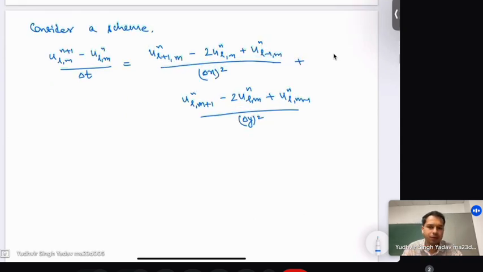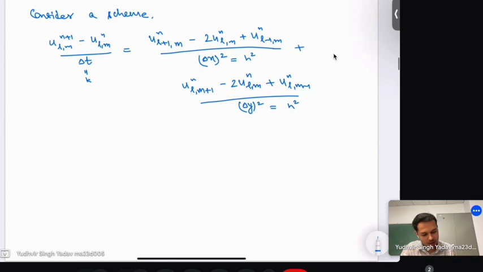We can replace delta t by k, and delta x square and delta y square by h square, as we have taken a uniform step size in both the x and y directions.